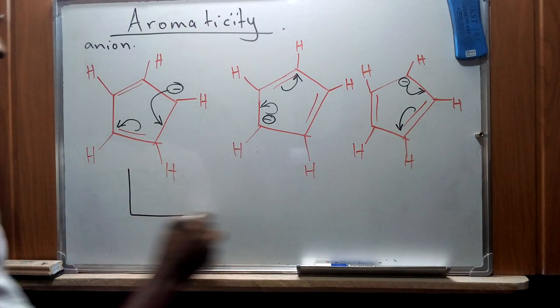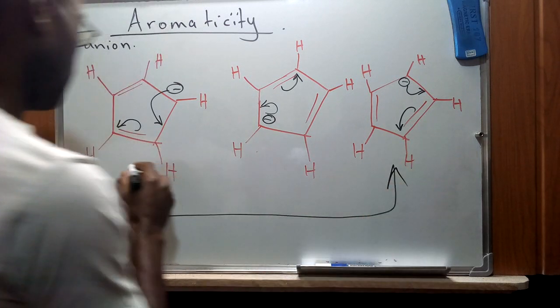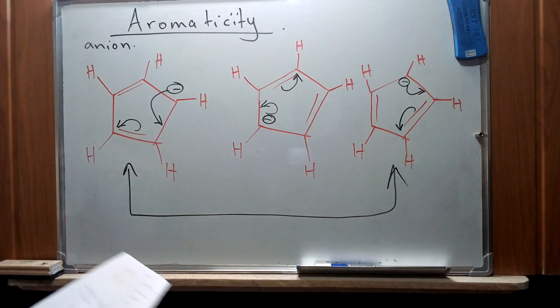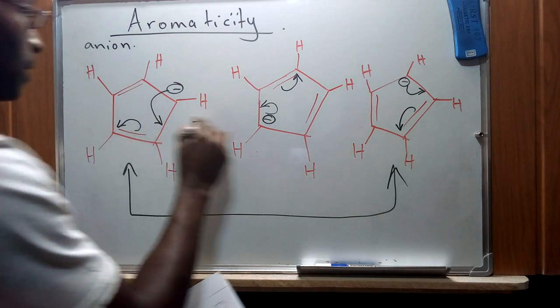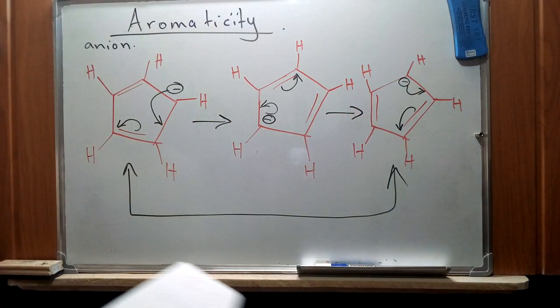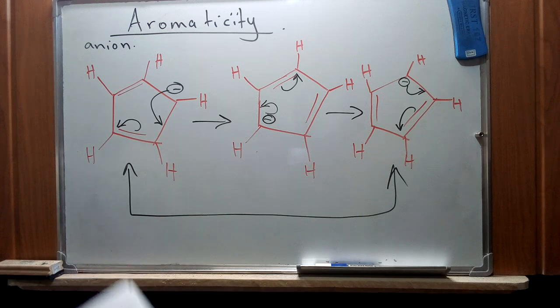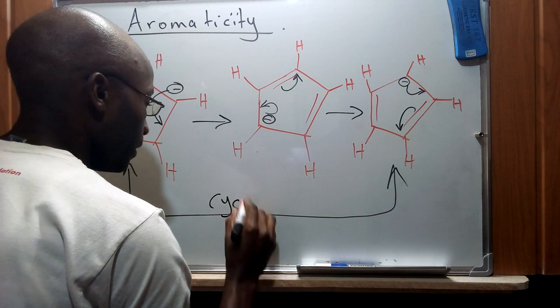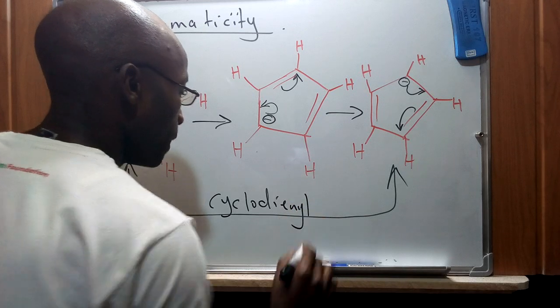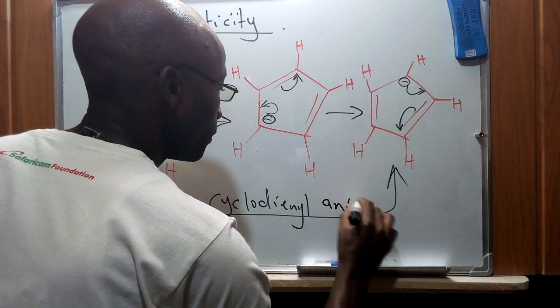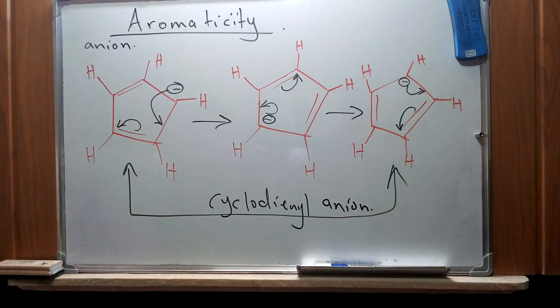This is the basic illustration for the cyclopentadienyl anion that we're going to use to confirm whether it obeys Huckel's rule and other conditions for it to be regarded as either aromatic or not.